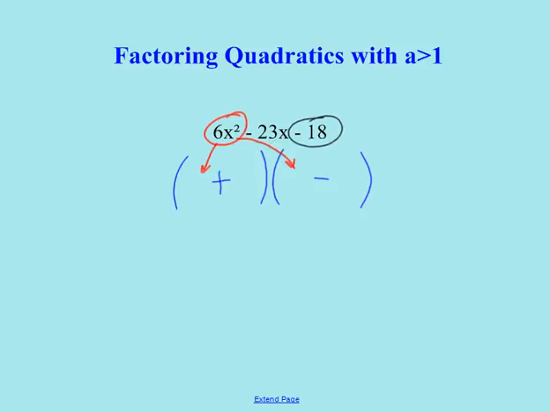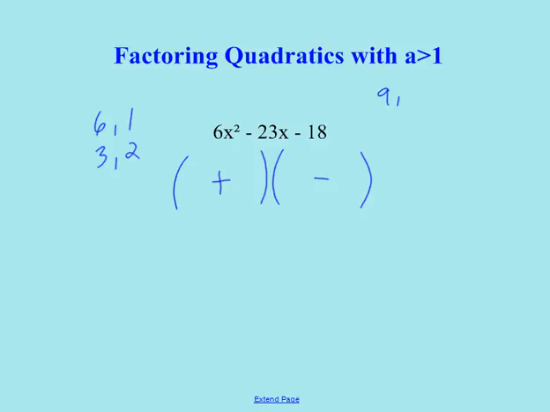However, when the coefficient of the squared term is a number like 6, we have to consider all the possible factors of 6. So it could be 6 and 1, or it could be 3 and 2. With 18 as our last term, our constant, we have to consider all the possible factors of 18.